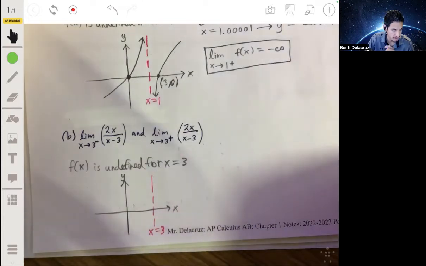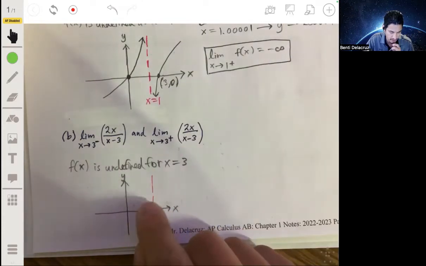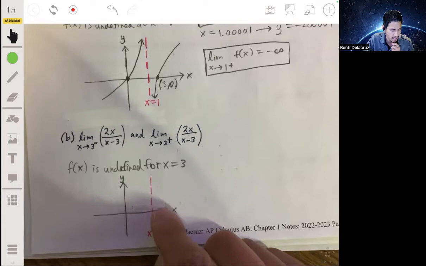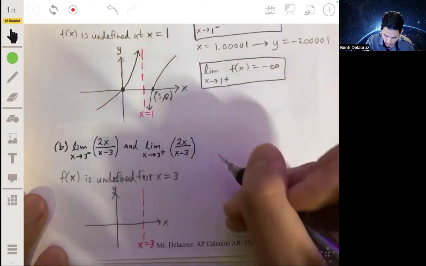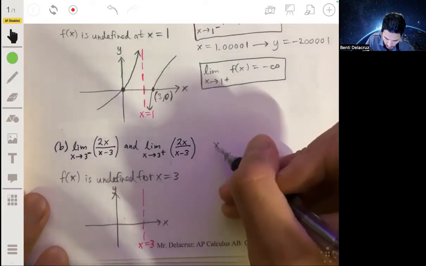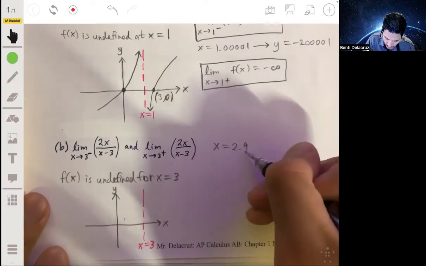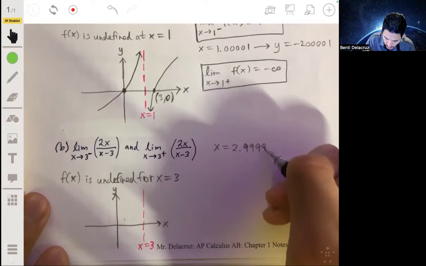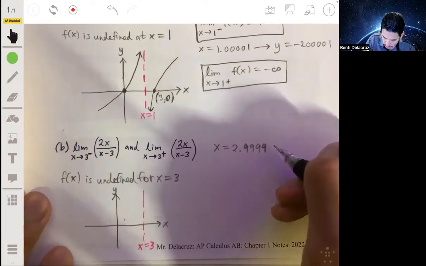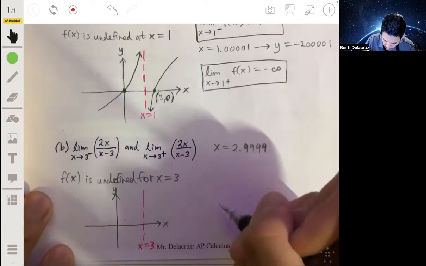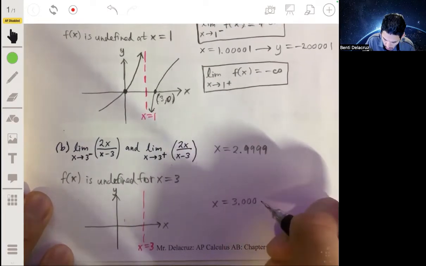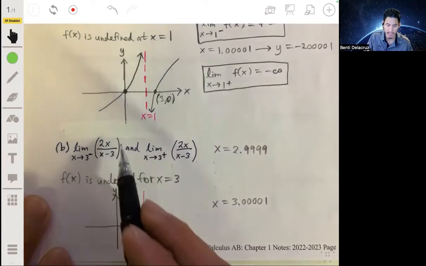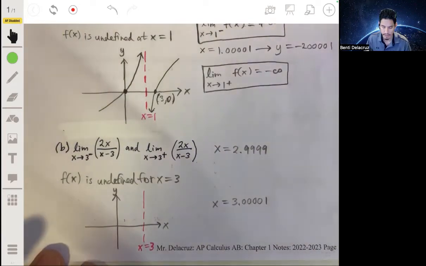So again, we just plug in values very, very close to it, slightly smaller than 3 and slightly larger than 3. From the left, we can pick 2.9999, and from the right, we can check x equals 3.00001. We just plug that in and see what we get.